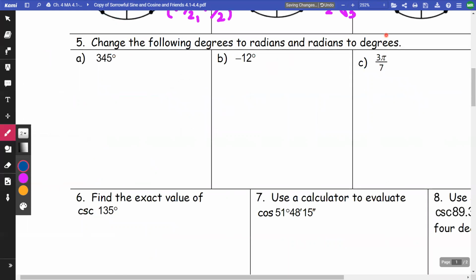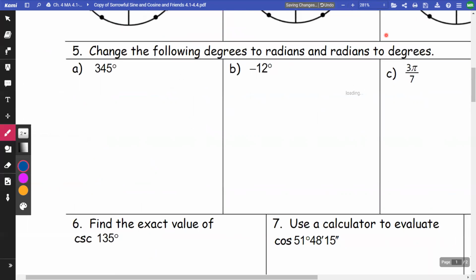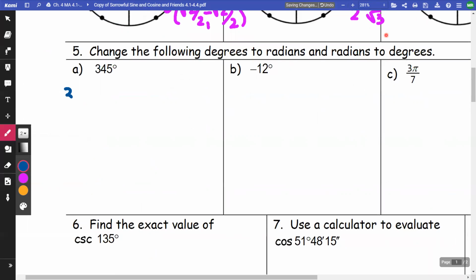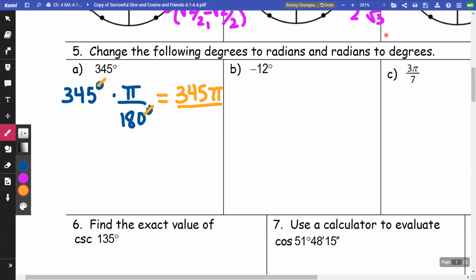On number 5, we want to change these to radians or degrees, depending. So this I'm going to change to radians. To change from degrees to radians, I'm going to times it by pi over 180 degrees, so that the degree symbols cancel out. I get 345 pi over 180.